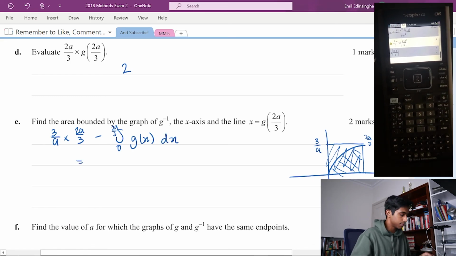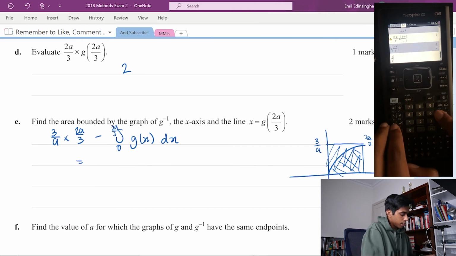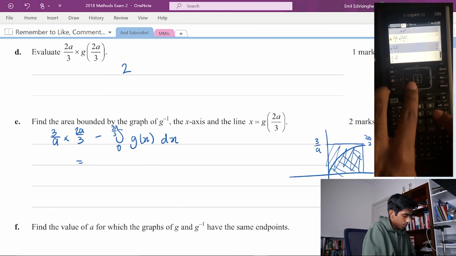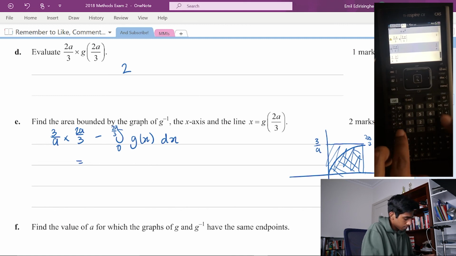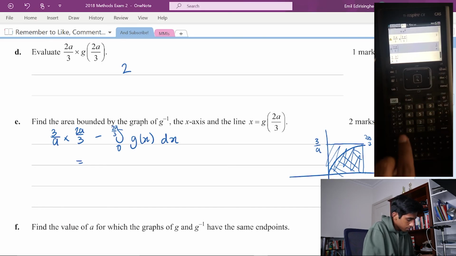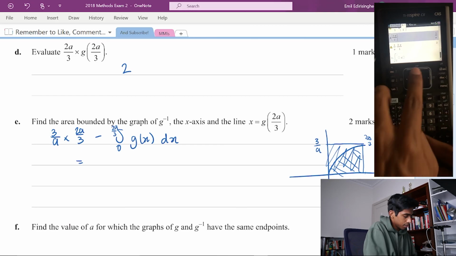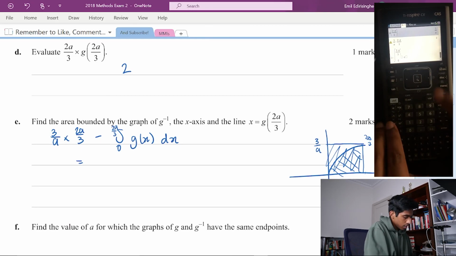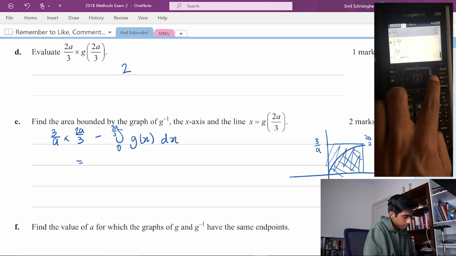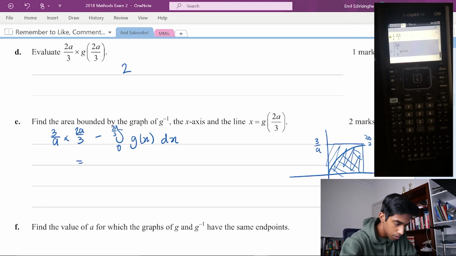And this gives us, let's multiply this together. We've got 3 on a times 2 times a on 3, which is 2, and we go minus the integral from 0 to 2 times a on 3 of g of x dx, and that gives us an area of 1.